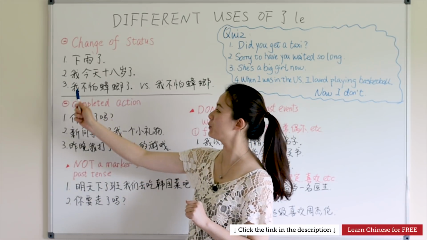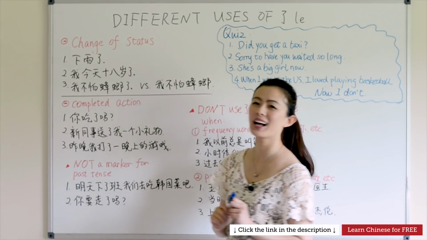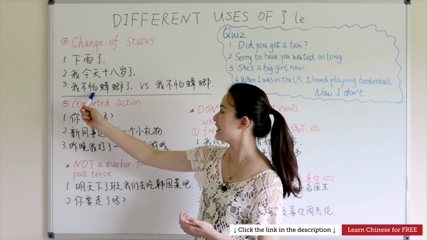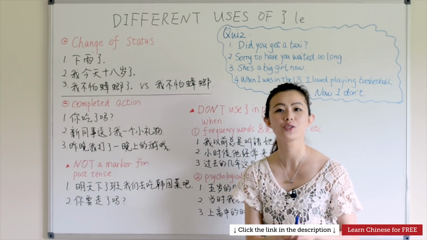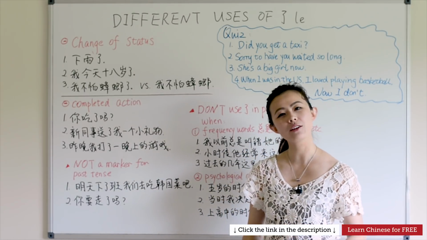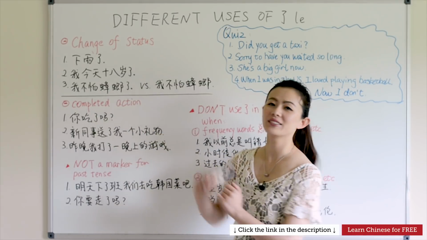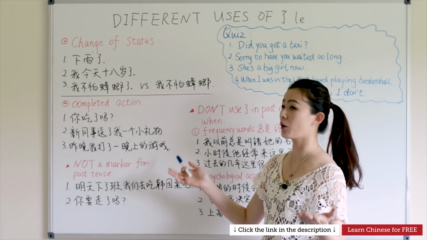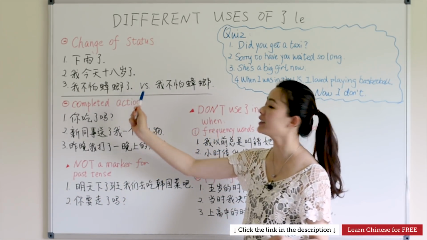第三个, the third one, 我不怕蟑螂了. So what does that mean? 怕 is a verb here, meaning to be scared of, to be afraid of. So 不怕 is the negative form. I'm not afraid of, I'm not scared of what? 什么呢? 蟑螂 is cockroach. So I'm not scared of cockroaches. Is that all? No, because there's a le here.